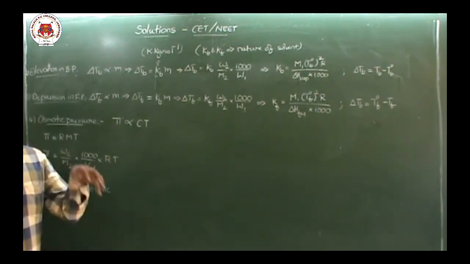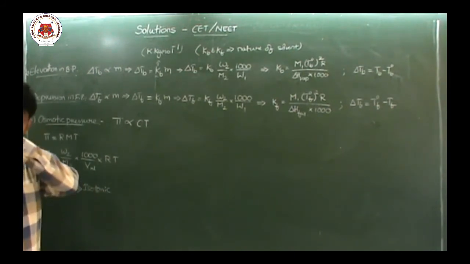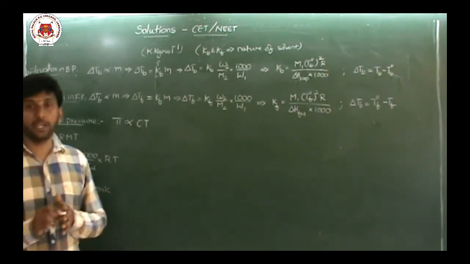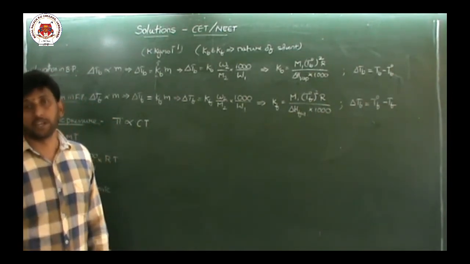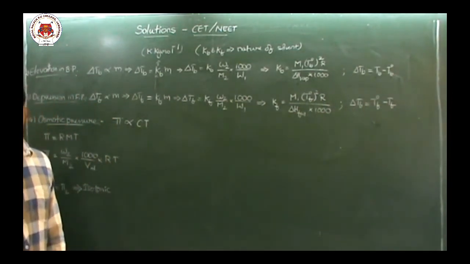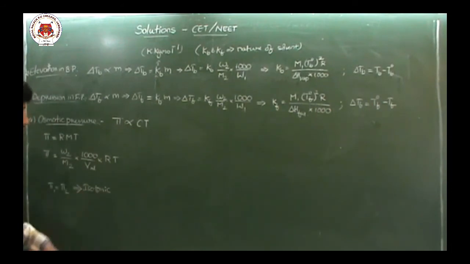The solution with lower osmotic pressure is called a hypotonic solution. Clear? Relatively, if any solution has higher osmotic pressure, it is hypertonic. If it has lower osmotic pressure, it is hypotonic.